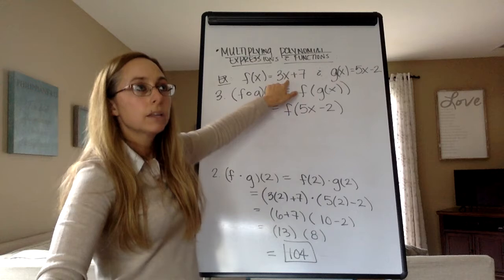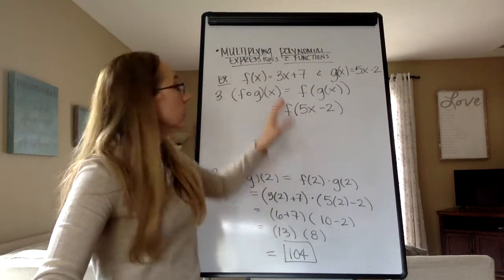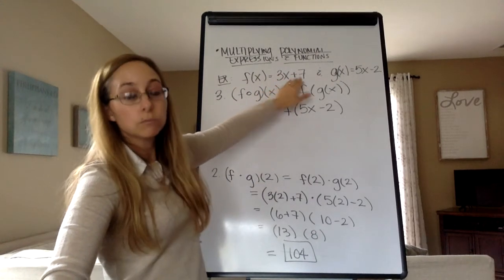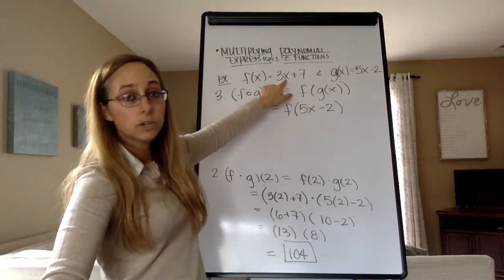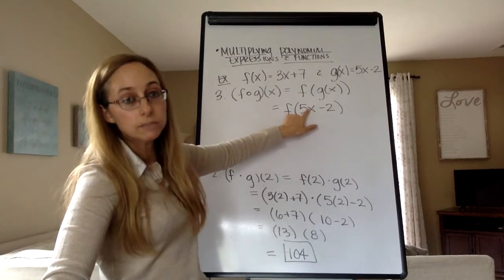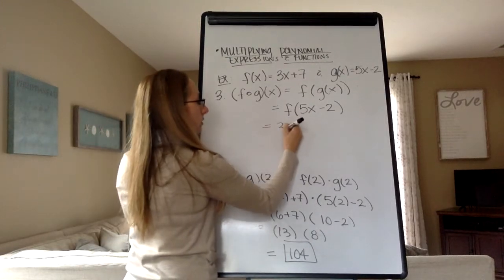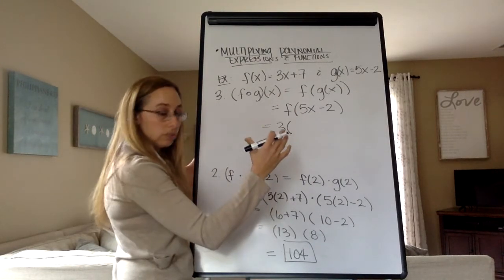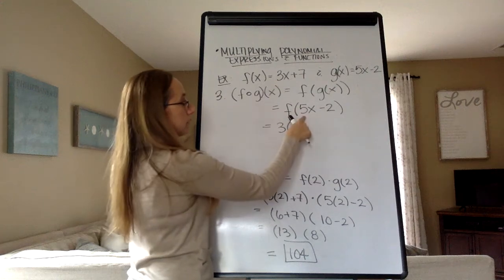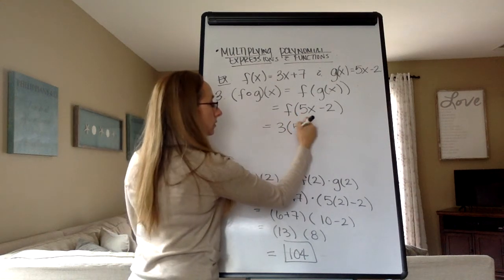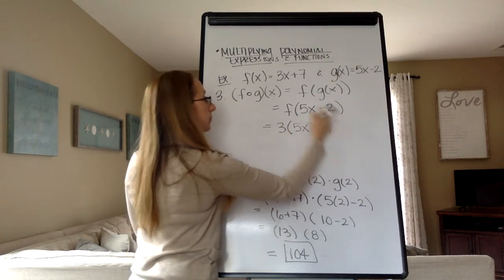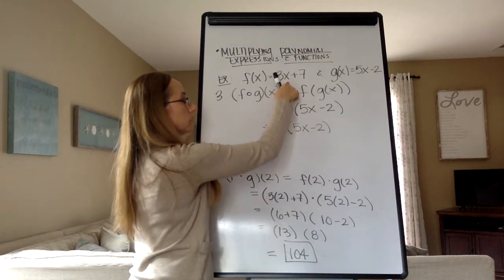Again, this is just like a dummy variable, just a placeholder: 3 times some value plus 7. What is that value that we're trying to plug in? 5x minus 2. So this is equal to 3 times 5x minus 2, plus 7.